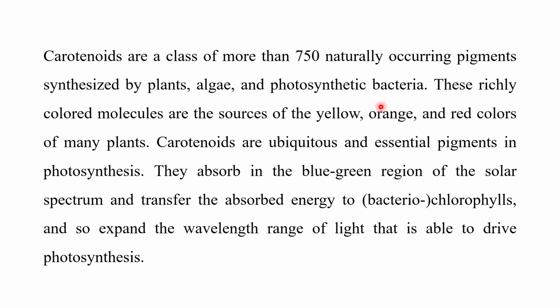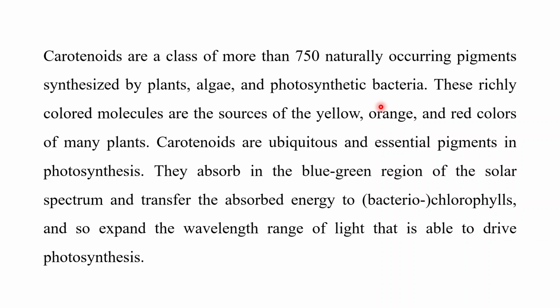So these accessory pigments like carotenoids or phycobilins can absorb light at different wavelengths in the visible spectrum, thus increasing the chances of photosynthesis happening at any wavelength that is present. So basically it expands the wavelength range of light for photosynthesis.